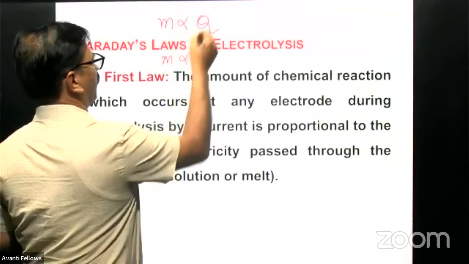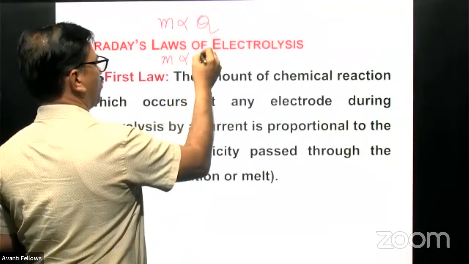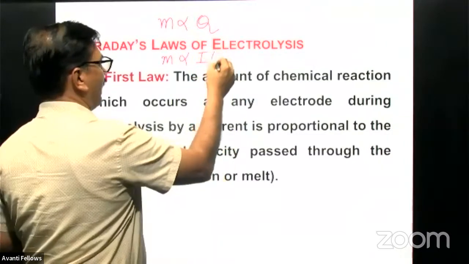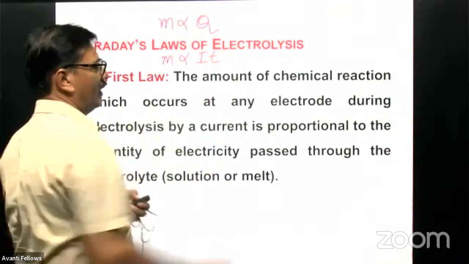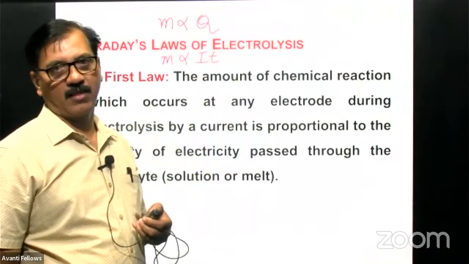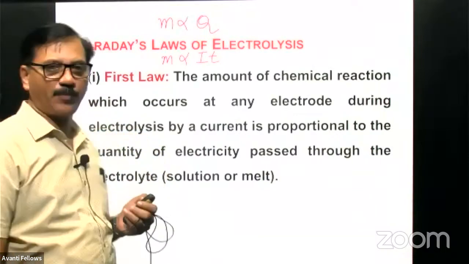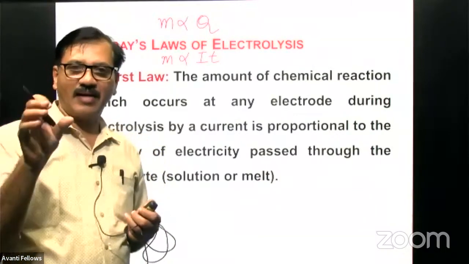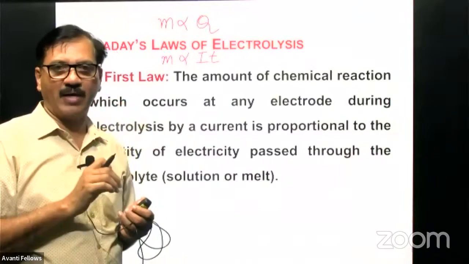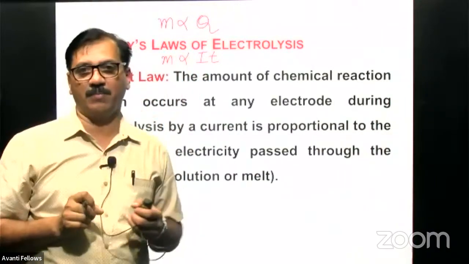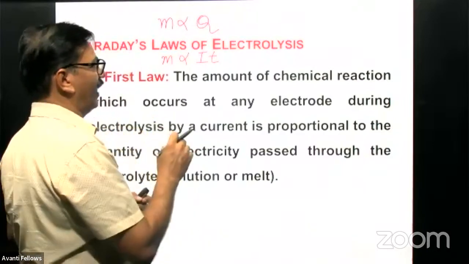This quantity of charge is given by the current passed in amperes and the time in seconds. So, the mass deposited at an electrode is directly proportional to the current I in amperes and how much time it takes for passing. It depends upon that.